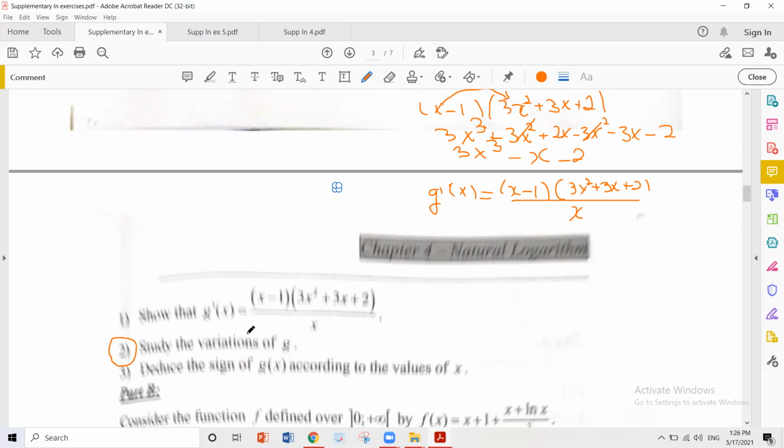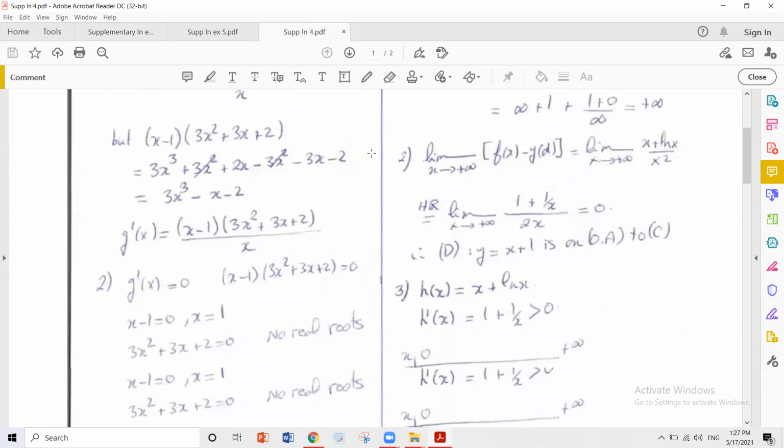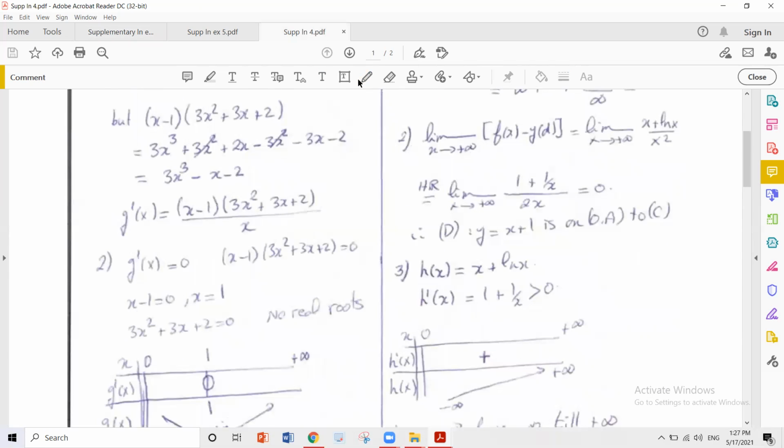Now study the variations of g. To study the variations of g, we study the sign of g prime x. We solve g prime x equal to 0.